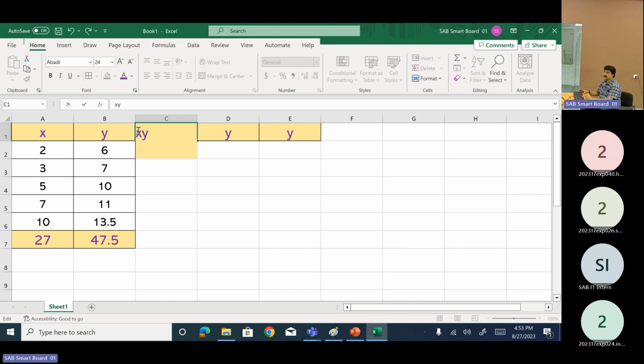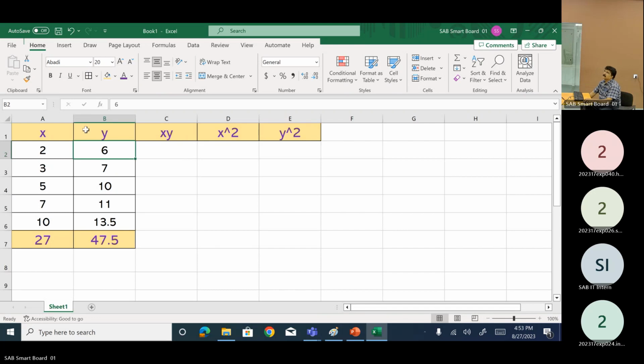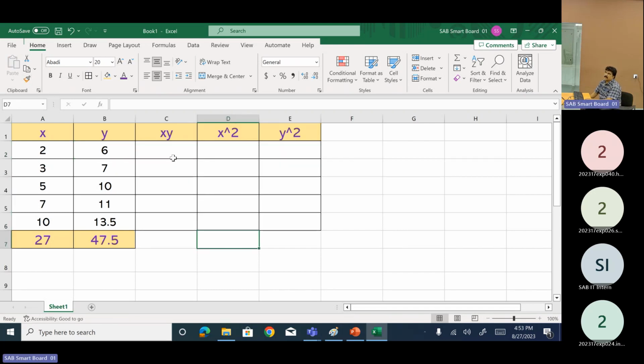Y needed. X squared needed. Y squared. So we don't even need the calculator. I will have simple values. 2 into 6, 12, 21, 50, 77, 135.